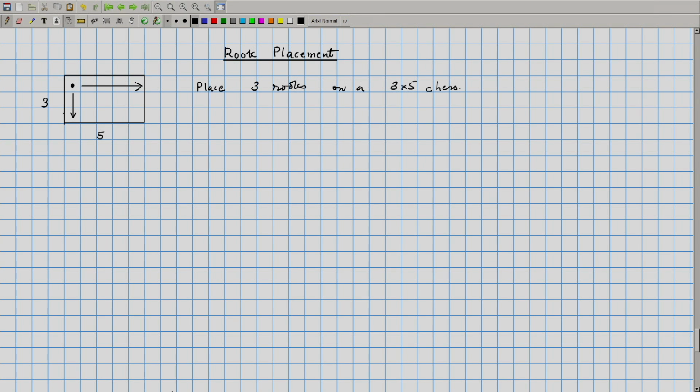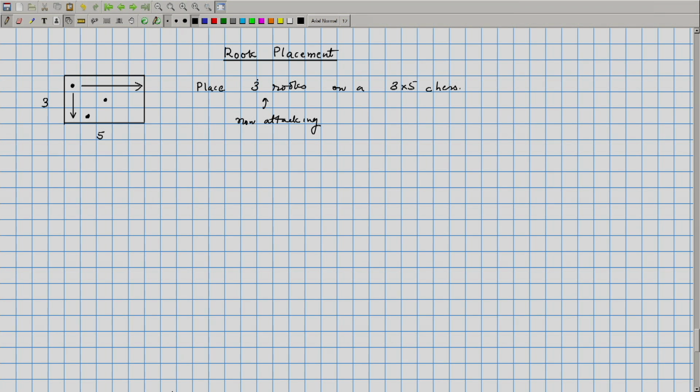So, we want to place rooks on the chessboard such that these 3 positions are non-attacking. One way of placing it would be in this particular manner. You can see that if you look at any of the rooks, they are not under attack from any other rook. So, what is the total number of ways of doing it? Note that we cannot place more than 3 rooks.